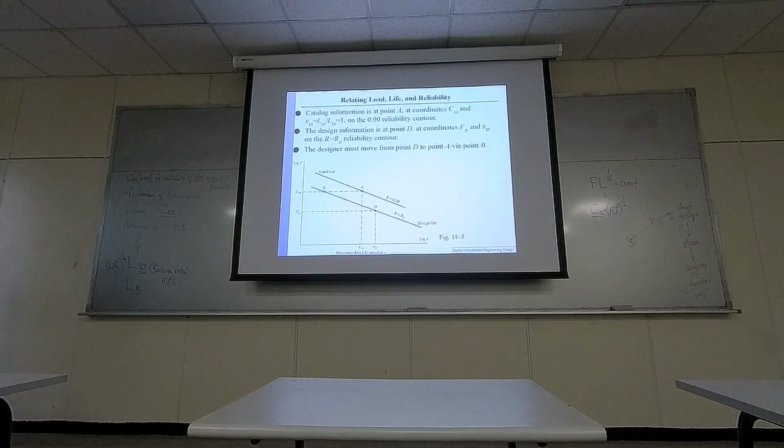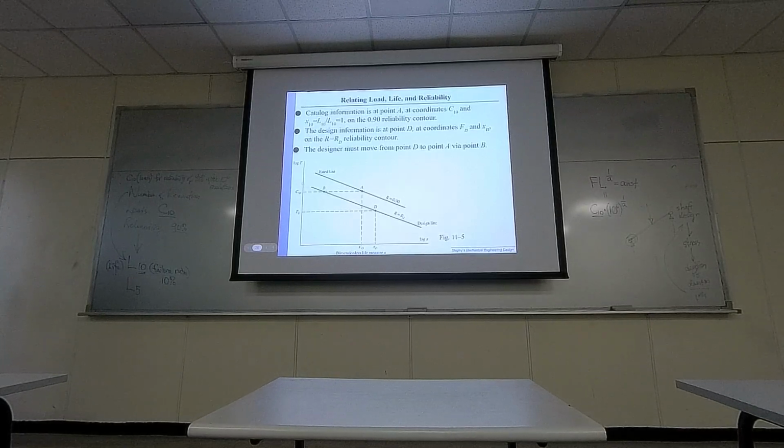Yeah, this is exactly what I mean. So the first line represents the life at reliability of 90%, and if you have an expected reliability, RD is the reliability for your design.